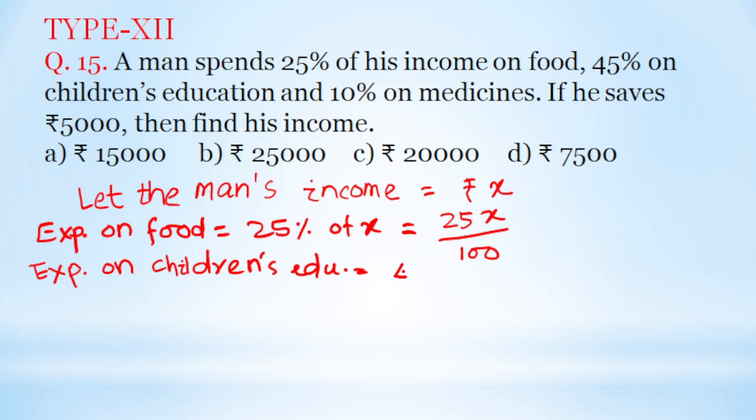So it is 45% of X. So that is equal to 45X by 100.